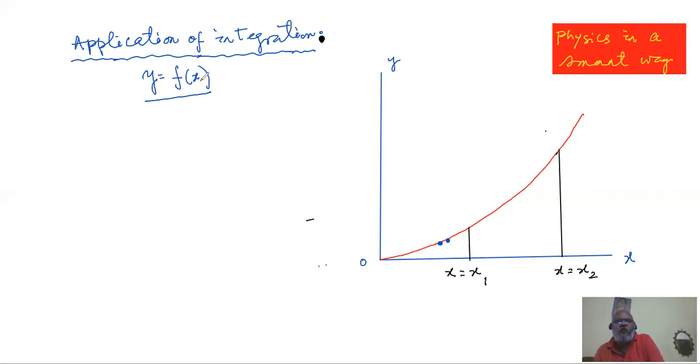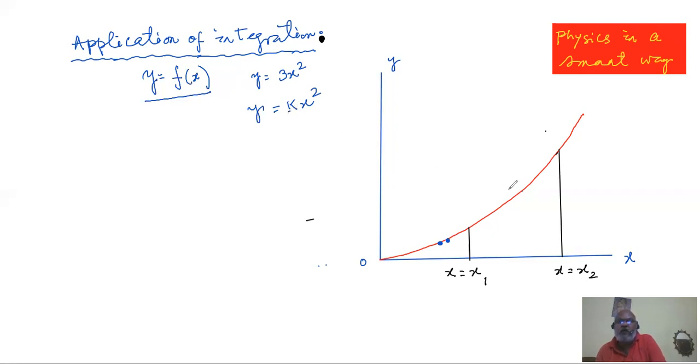If you are wondering what y equal to f(x) is, let us say the curve that I have drawn in red resembles a parabola, a specific curve. Any point on the parabola has its x and y related as y equal to 3x square, or y equal to 2x square, or y equal to x square by 5, or in general y equal to kx square, where k can be positive, negative, or any quantity.